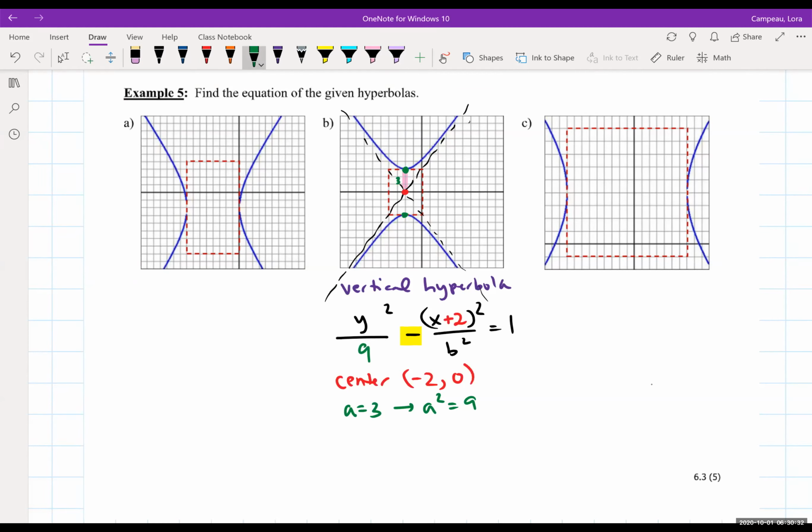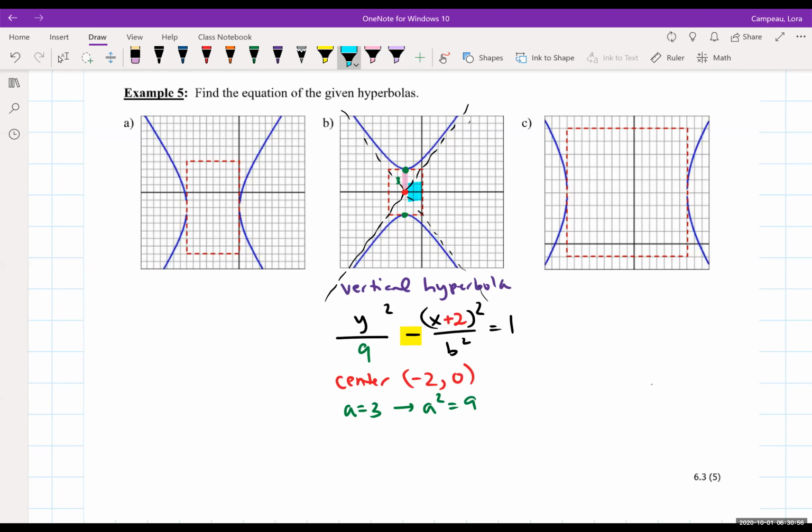And now how far your box goes, you'd have to know this in order to figure out your B term. It's really hard to determine if you don't have a box with your hyperbola, unless you know a little more information. So with the B, I'm going to count outwards from the center, and I can highlight this in teal for you.